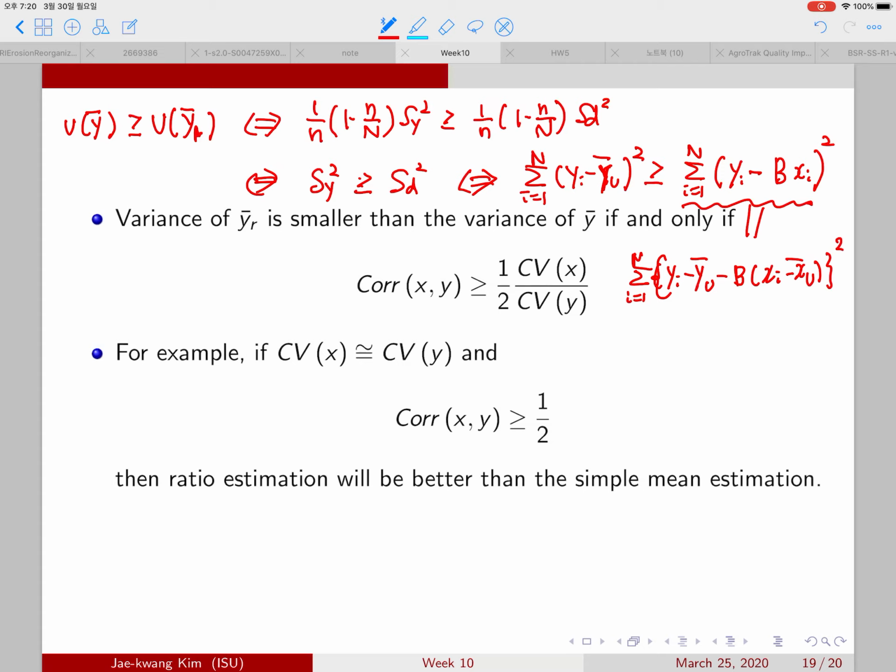So you can expand it like this: yi minus y bar U square plus b square times xi minus x bar U square minus 2 covariance.